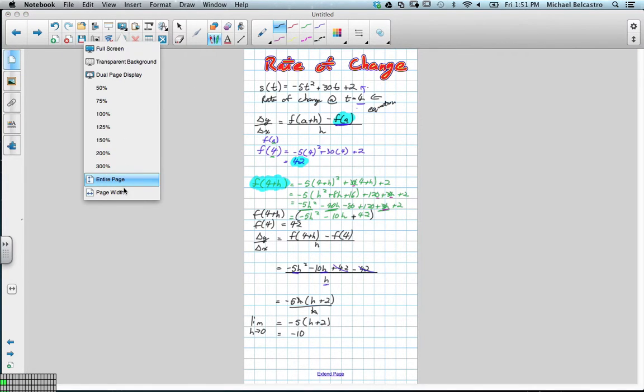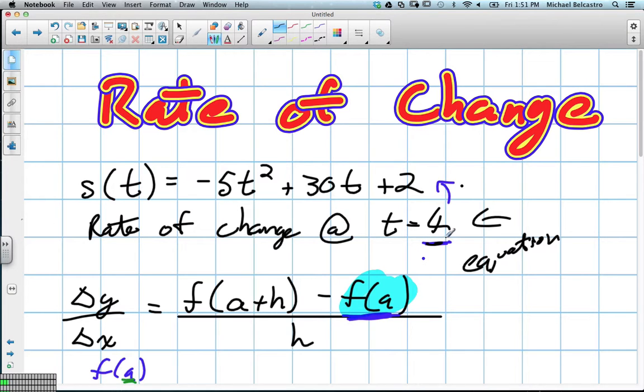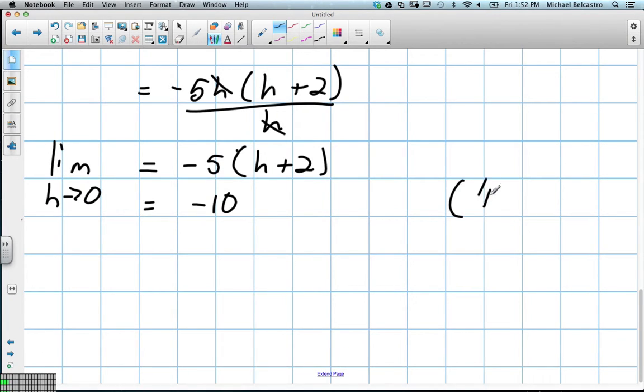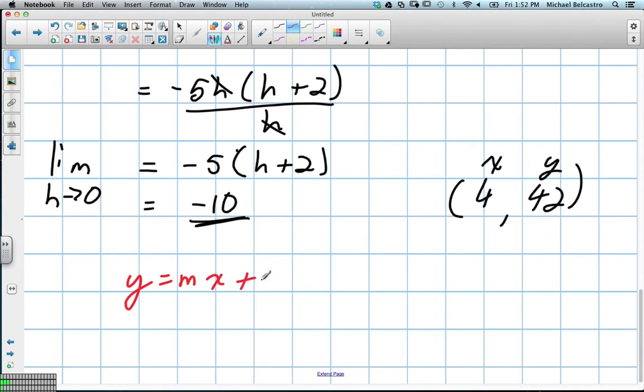We're not done. Remember I said I wanted to do the equation of the tangent line at t equals 4. We know that coordinate is (4, 42). When we plugged in 4, we got 4 as our x value and 42 as our y. The tangent line is a linear line, y equals mx plus b, and negative 10 represents the slope of that line at that point. So y is equal to negative 10x plus b, and we're looking for our b value.